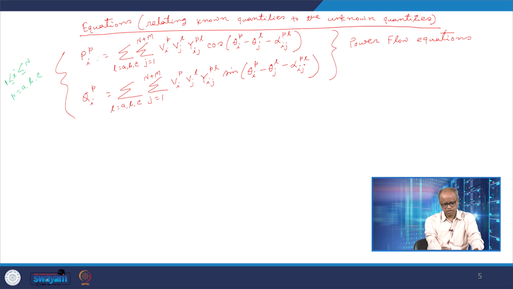So by this PIP, all the injected power at all the original buses are being expressed in terms of the unknown quantities VIP, VJL, theta IP and theta JL. Similarly, by this equation of QIP, all the known injected reactive power at all the original buses are also being expressed in terms of the voltage magnitudes as well as the voltage angles at all the buses. Now here we need to understand one thing.